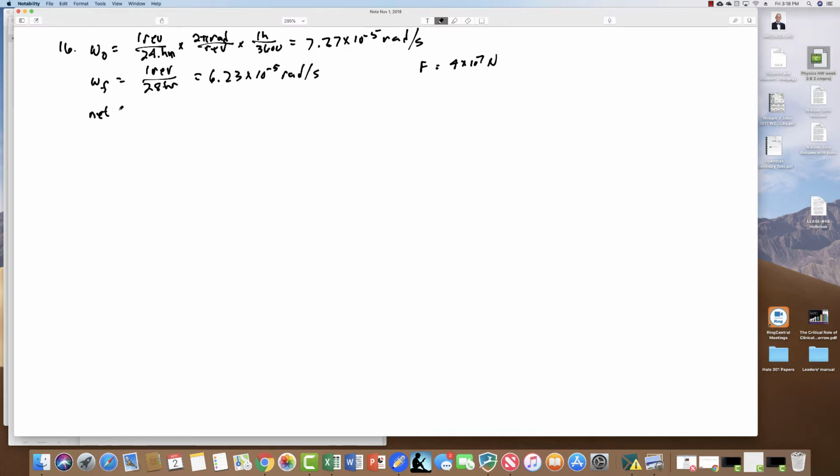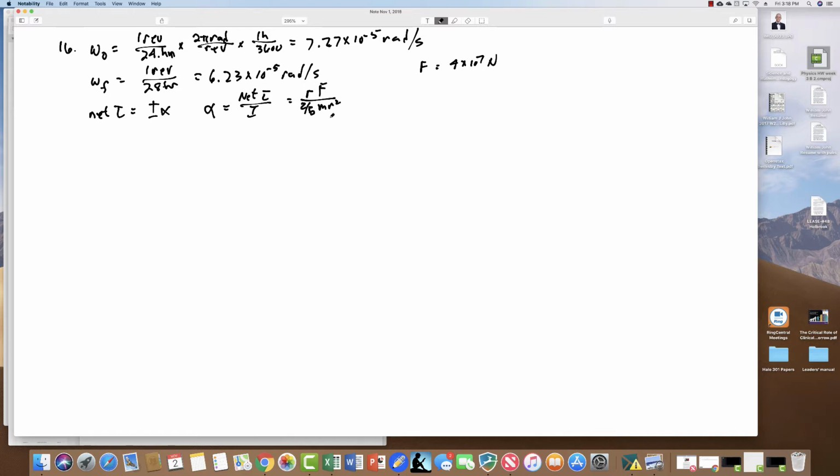If you look at the net torque, so you're applying the force on the surface of the Earth, that's going to equal the inertial moment of the Earth times its angular acceleration. So that means that the angular acceleration, alpha, is going to equal the net torque divided by the inertial moment, which is R, the radius of the Earth, times the force that he applies, over the inertial moment of the Earth, which is 2/5 mr squared.